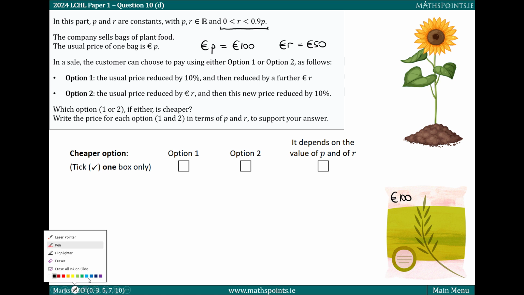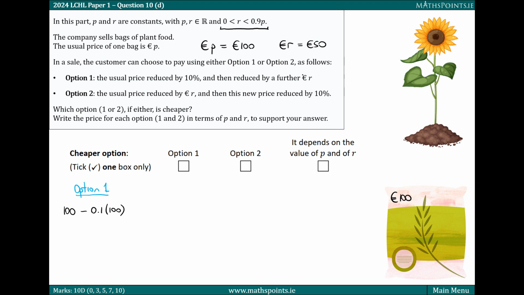So the first one, we'll have blue for option 1. Option 1 says that we're going to take the usual price and reduce it by 10%. So we're going to take the usual price, which is 100, and subtract 10% of 100. Let's write that as 0.1 times 100. Now we know that 10% of 100 is going to be 10 euros.